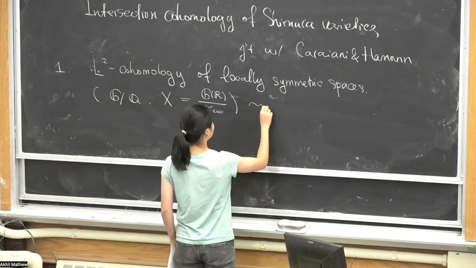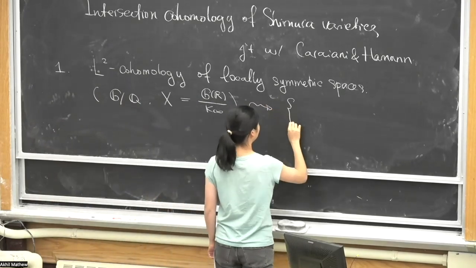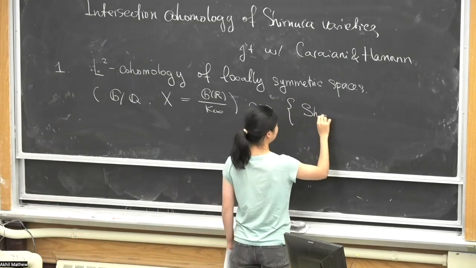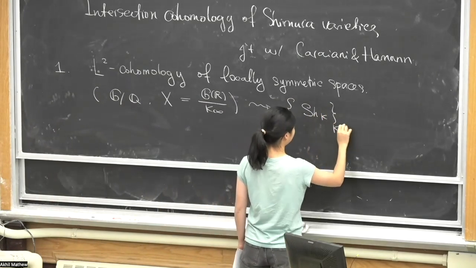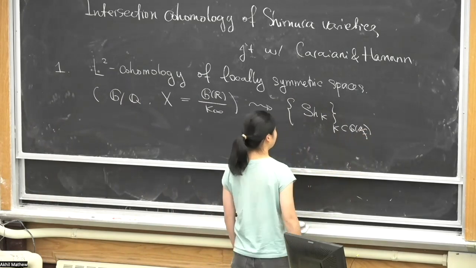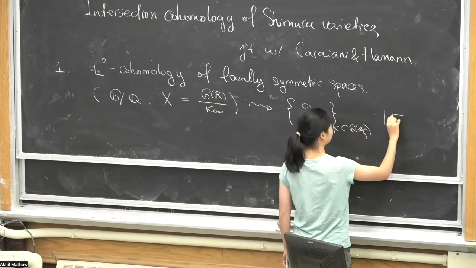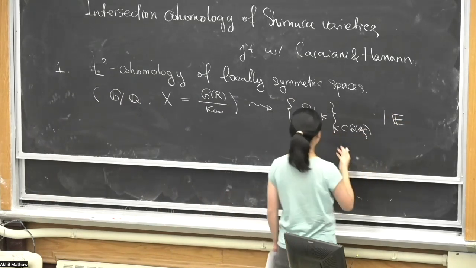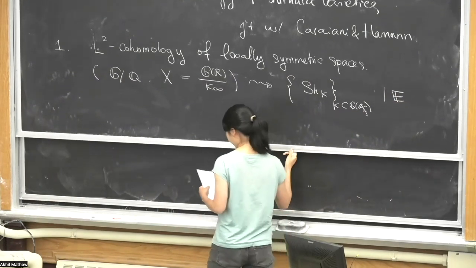So this datum gives me a tower of algebraic varieties labeled by compact open subgroups K of the finite adelic points of G. They are defined over number fields, and these are called Shimura varieties.